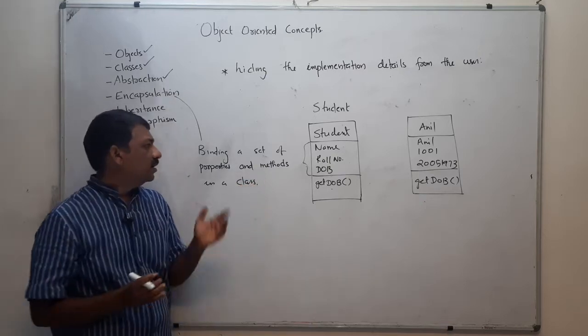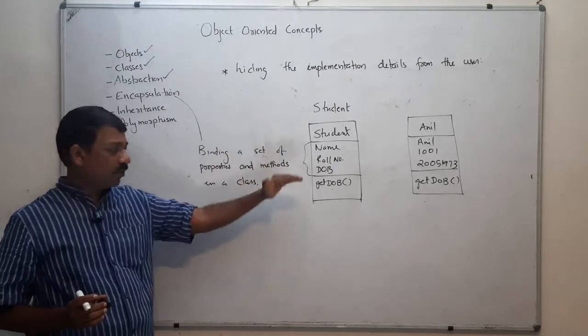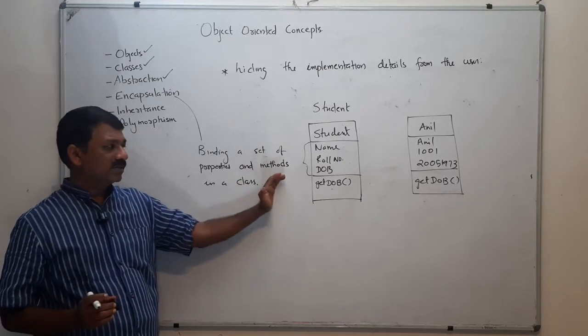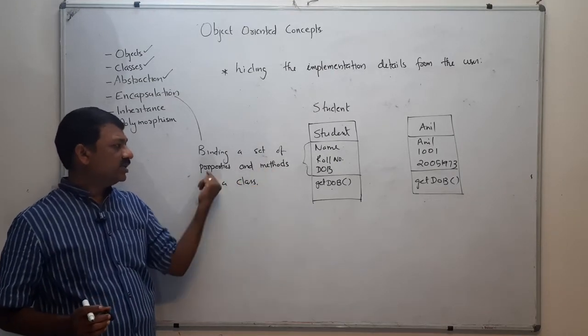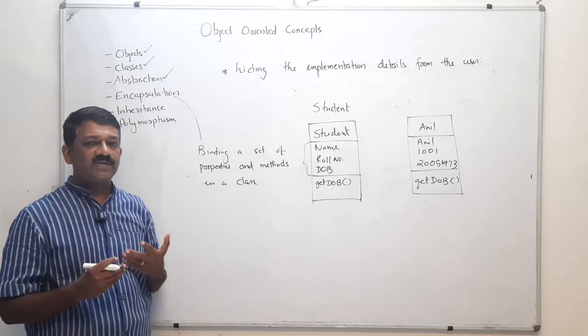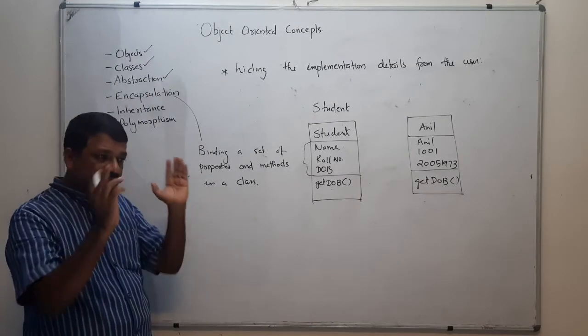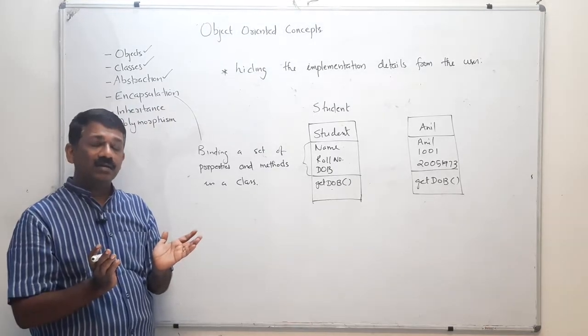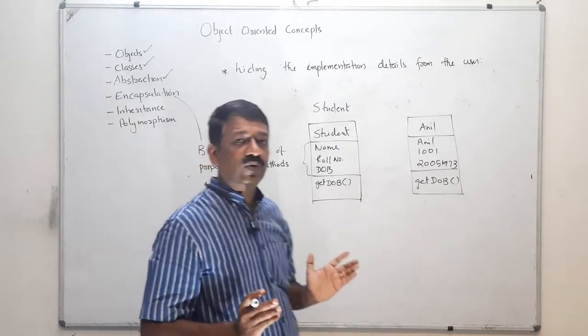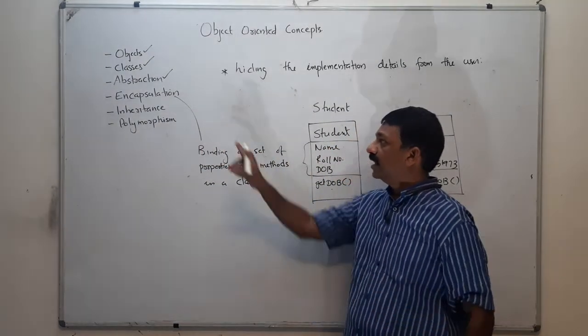You have a set of properties and a set of methods, and these methods use these properties to accomplish some task. This binding collectively forms a capsule, and that is why we call it encapsulated.